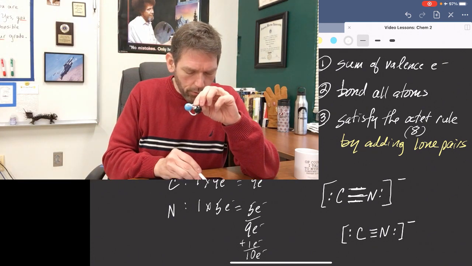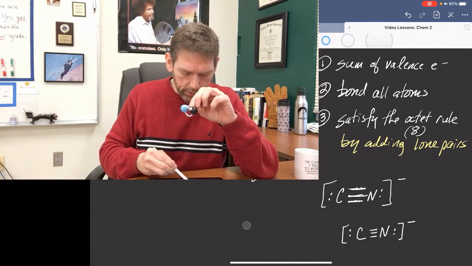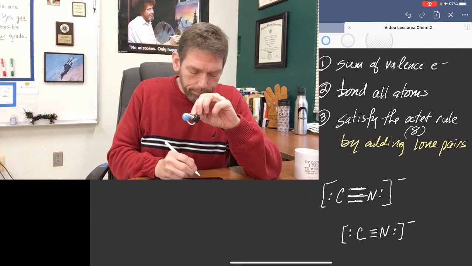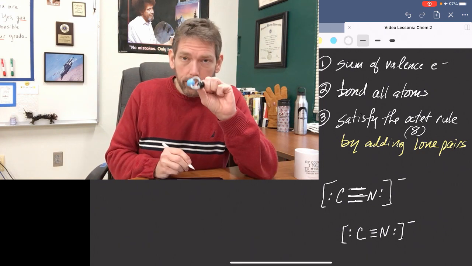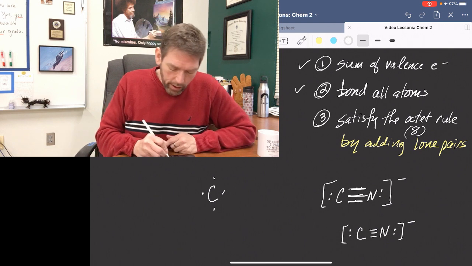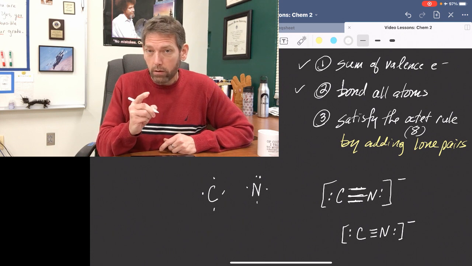All right, so I'm going to erase this because what I want to do is show you something. We already know we need 10 electrons. That's already done, right? So let's remember that carbon has 1, 2, 3, 4 valence electrons already. And nitrogen has 1, 2, 3, 4, 5. So nitrogen already had a lone pair, okay?